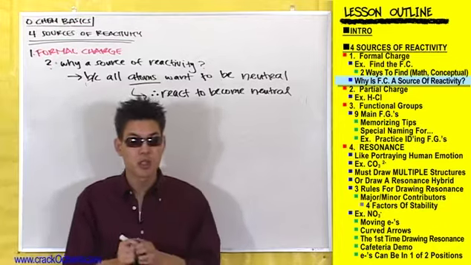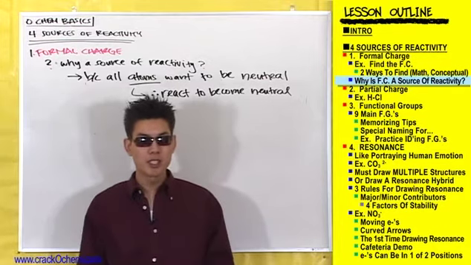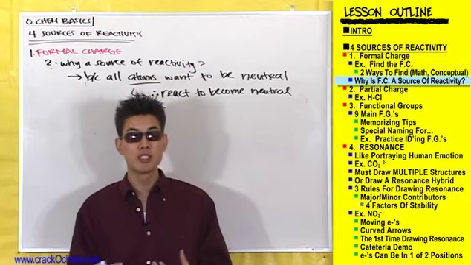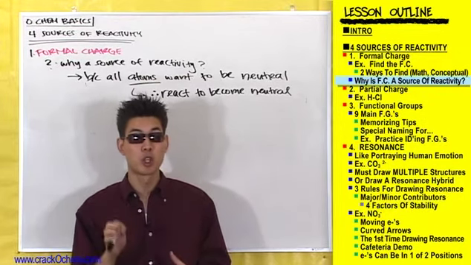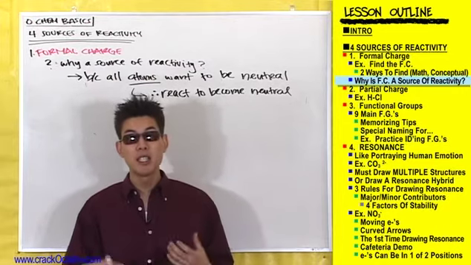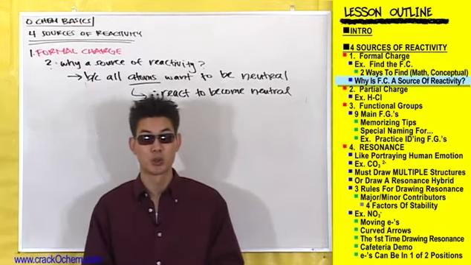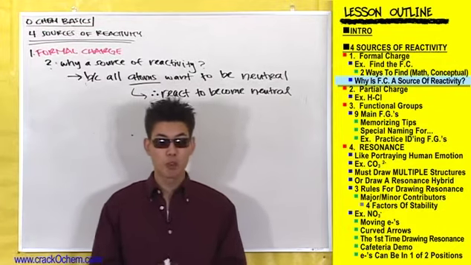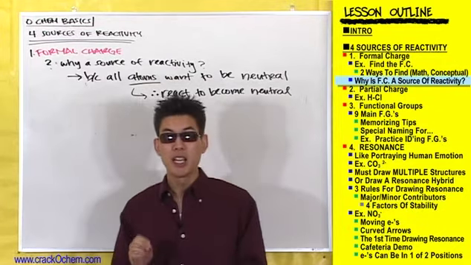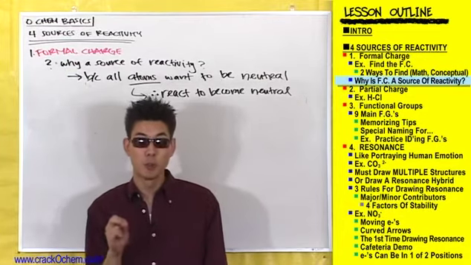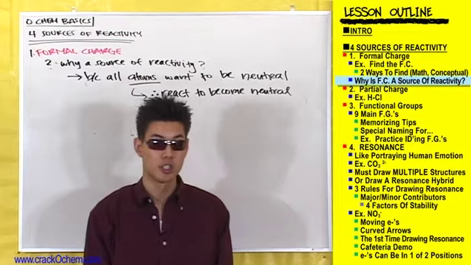Okay, you guys? And hey, if you ever hear me saying that an atom doesn't have a formal charge on it, that's just another way of saying that it has a formal charge of 0, okay? And if it has a formal charge of 0, that means it's neutral and not likely to react, okay? Just in case that was confusing some of you. Alright, so hey, the first way to check for reactivity is by checking formal charges on atoms, checking whether atoms have full positive or full negative charges on them.